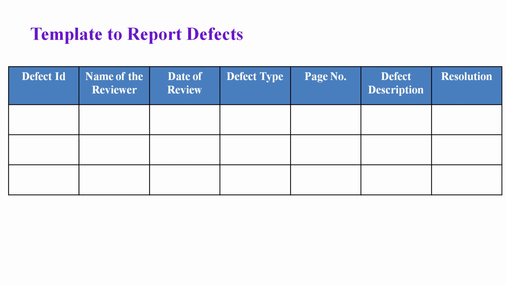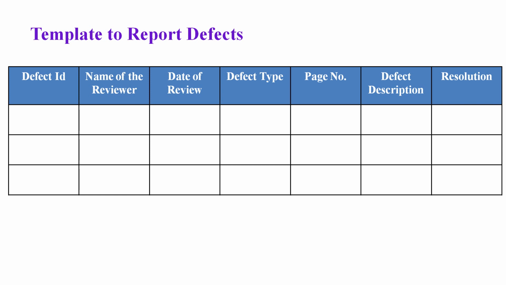After finding the defect, the reviewer has to give the description very clearly, completely, without any ambiguity. Ambiguity means confusion.